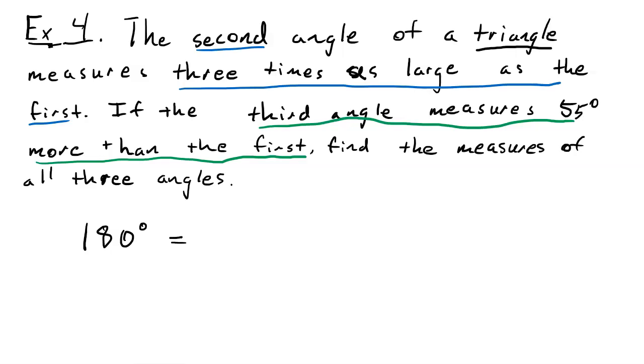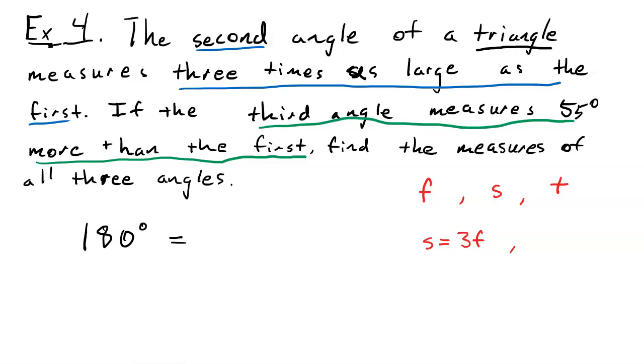So let's call the first angle F, and let's call the second angle S, and the third angle T. So it says the second angle is 3 times as large as the first. So this means that S is equal to 3 times the first. And then it says the third angle measures 55 degrees more than the first.